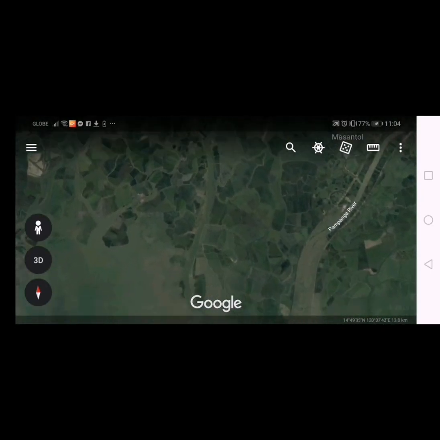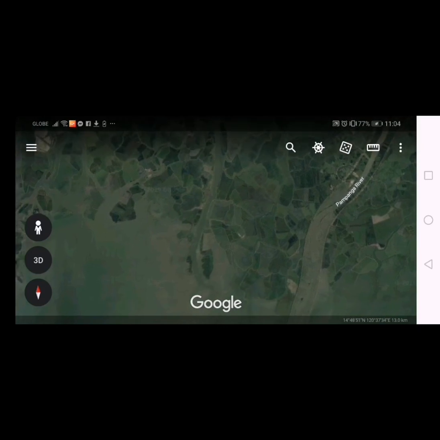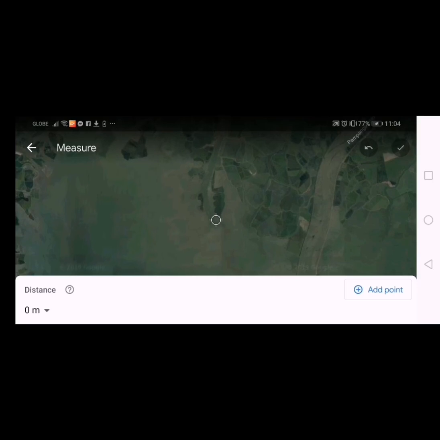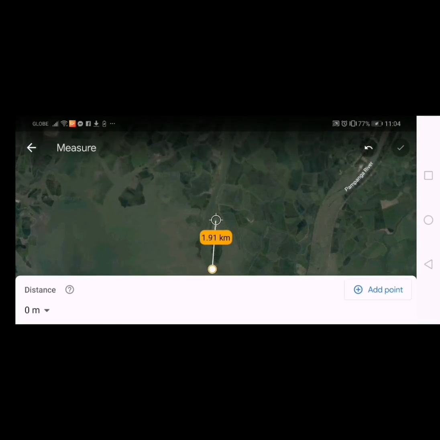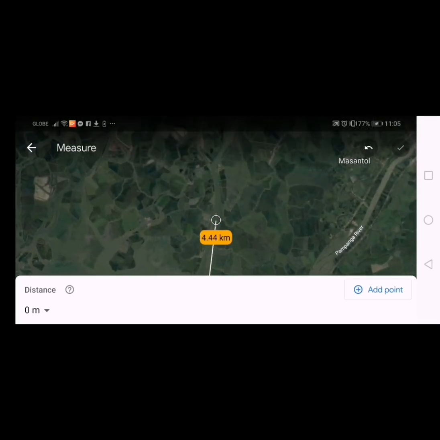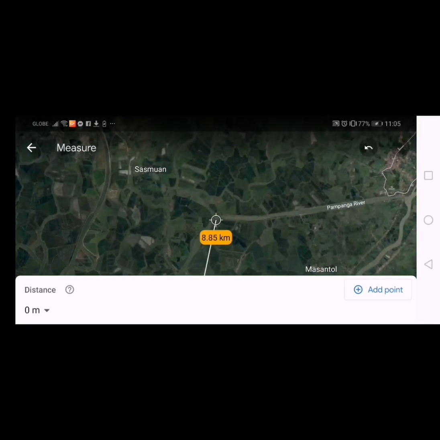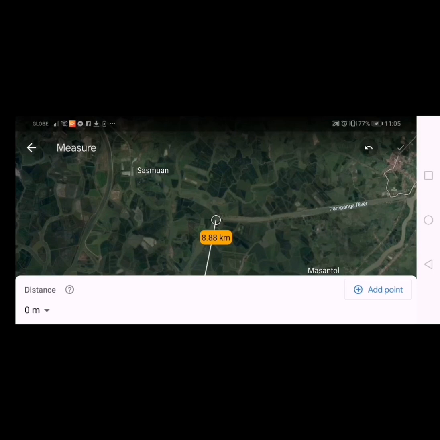Now, if you look at Pampanga River, this is where the structure actually ends. Now we'll try to measure it using the scale, and it's more than 8 kilometers long. That's how long it is. It's almost 9 kilometers, 8.89 kilometers. That's how long it is.